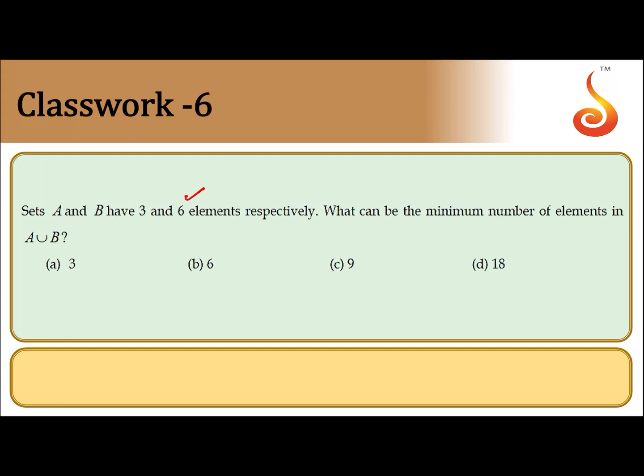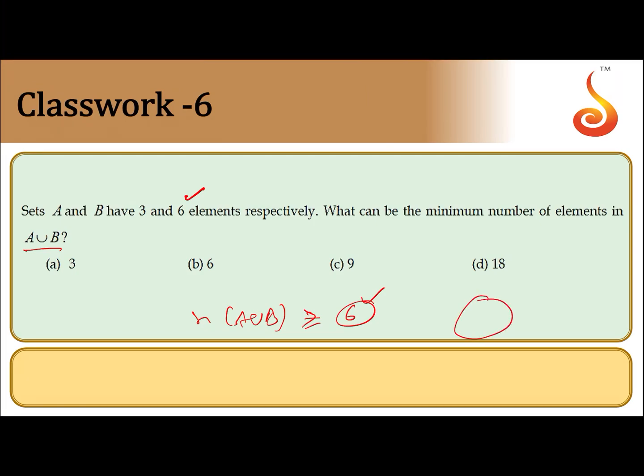So the number of elements in A union B should be at minimum 6. If less than 6, you cannot have A union B, since B has 6 elements. So the minimum number of elements of A union B must be 6.